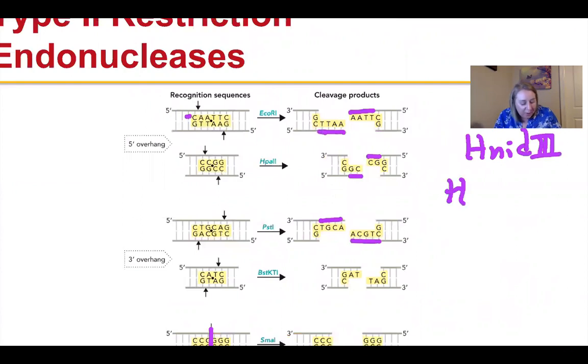Look, I can't even spell an abbreviation, H-I-N-D. Haemophilus influenzae, strain d, and it's the third enzyme that was isolated from this one strain. That's how they name them. That's why they're EcoRI, HpaII, PstI. That's where all these names come from. They actually do mean something.